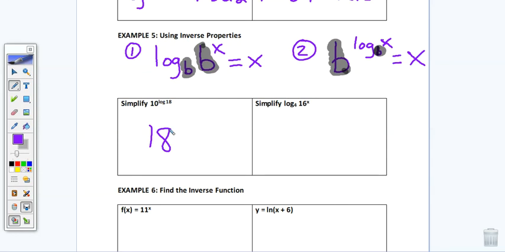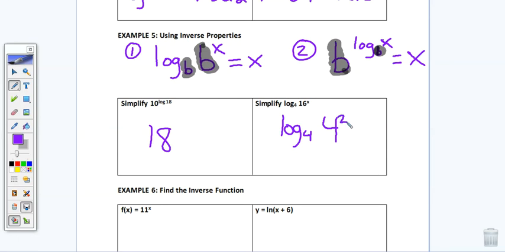Here's the deal. What's the base in this? Does that match that base? So here's the question you're going to ask yourself. If that log base doesn't match the base that's already in there, could 16 be written as a base of 4? In other words, 16 is the same as 4 to what power? Is this really the same as saying log base 4 of 4 squared?